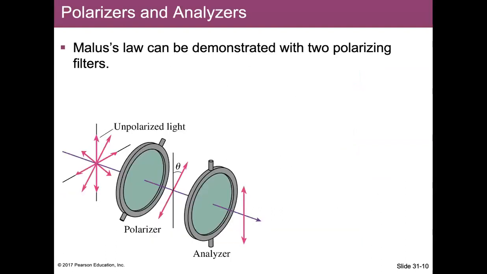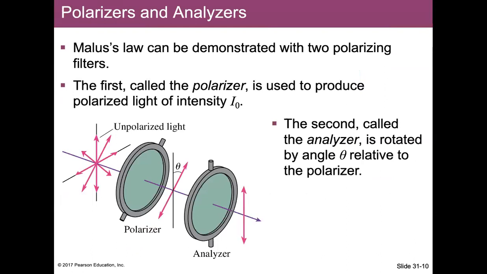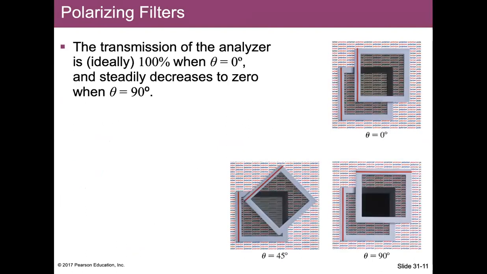Now, Malus's law can be demonstrated with two polarizing filters. The first, called the polarizer, is used to produce polarized light of intensity I naught. The second, called the analyzer, is rotated by angle theta relative to the polarizer. What we see when we do this is the transmission of the analyzer is ideally 100% when theta equals 0. Here we have theta equals 0.